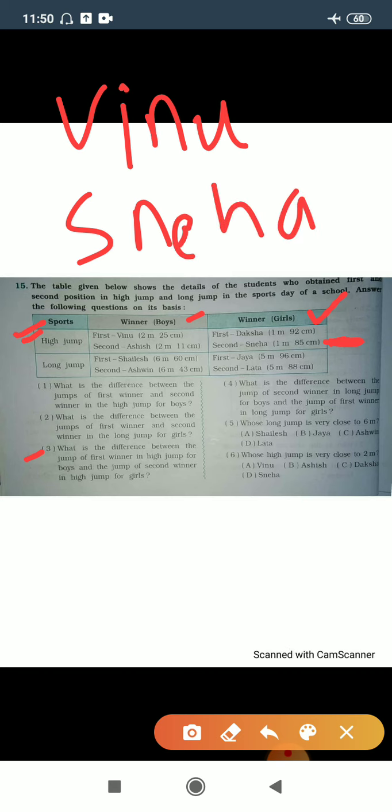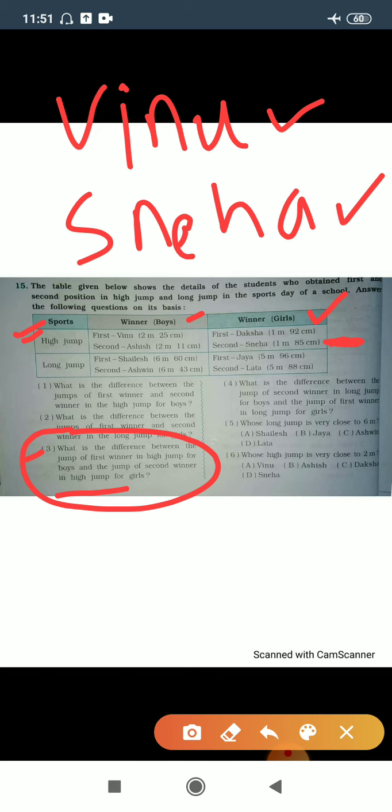Okay students, when you solve this type of questions, you need to concentrate on the terms given in the questions. With the help of these terms, you need to find the figures we need to calculate. So let's start.